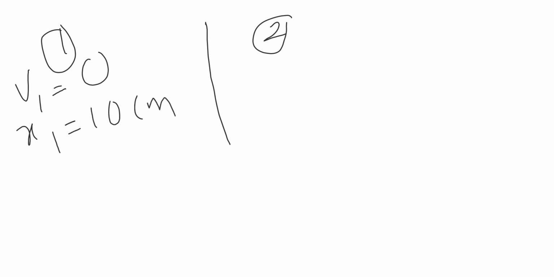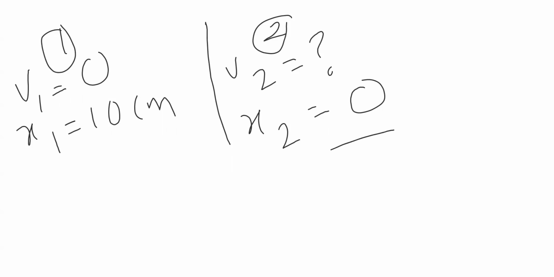In the case of the first position, the velocity is equal to 0 and the value of x1 is equal to 10 centimeter. At the second position, we need to calculate its velocity, and the deformation in the spring is equal to 0, because that is the state in which the spring is not in compression or extension, so it is at its free length. That's why the deformation in that case is equal to 0.